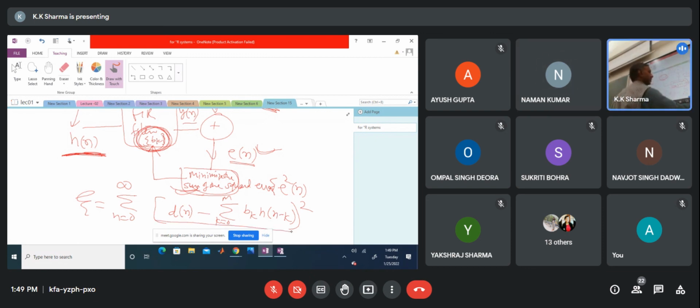This is the error, d n minus y n. This is y n. So d n minus y n is the error, and you square it and sum it over all n, and then this error is to be minimized. This minimization problem will immediately give me an equation in terms of the coefficients, and you are able to design an FIR filter which is the inverse of h of n.